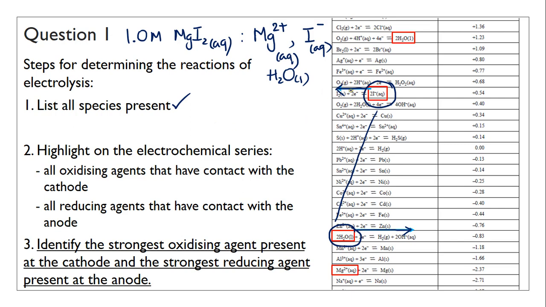So when you need to predict the reaction for electrolysis, look for the smallest Z possible. Again, this is the opposite of galvanic. When you want the largest backward Z, now you want the smallest Z.